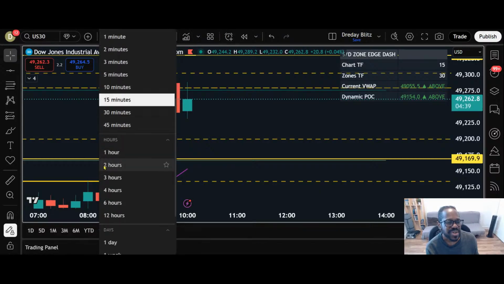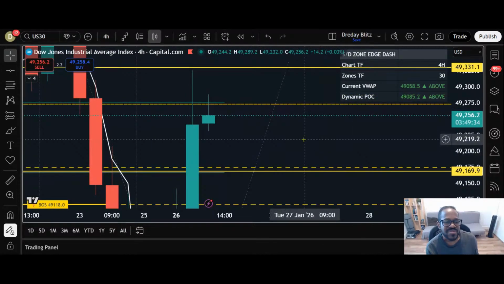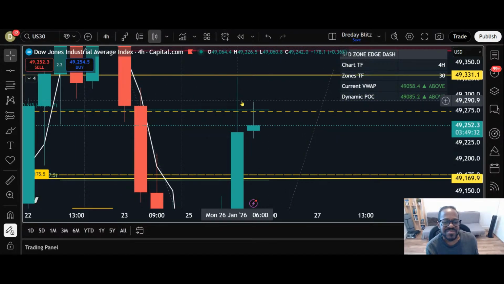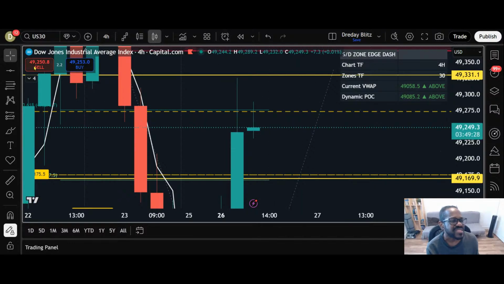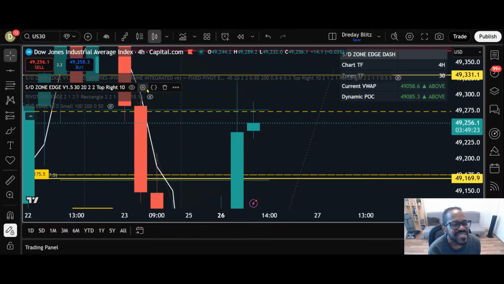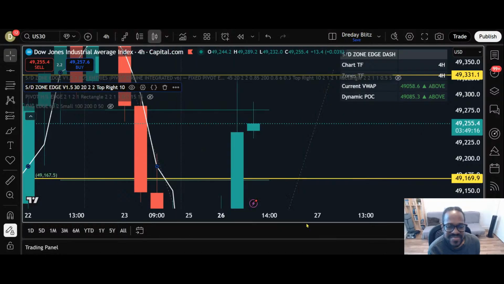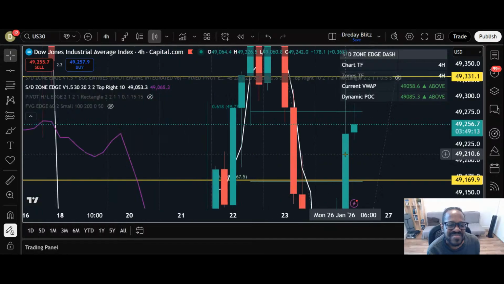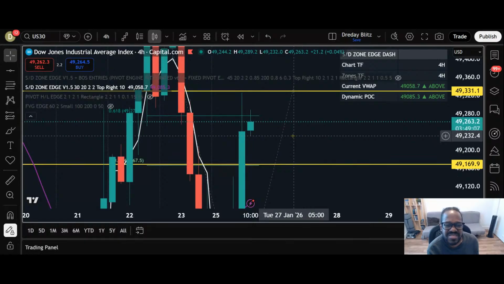So I'm just gonna go back here so y'all can see. So this is the level that we have. Let me check if I'm on the right one. Just gonna remove this. There you go. So we have that fib retracement.